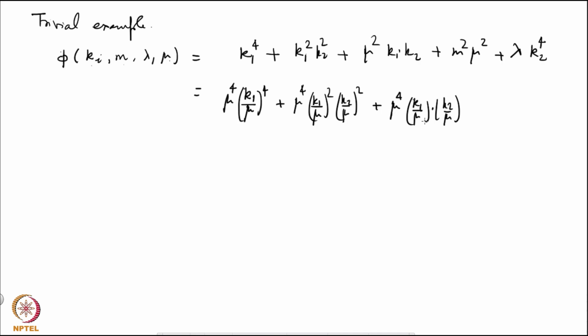Let's check: mu to the 4 divided by mu square gives mu square k1 dot k2, same as this. Plus, again divide m square by mu square. Lambda, you don't do anything, it's dimensionless, so we don't want to touch it.